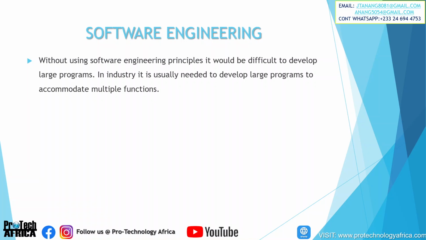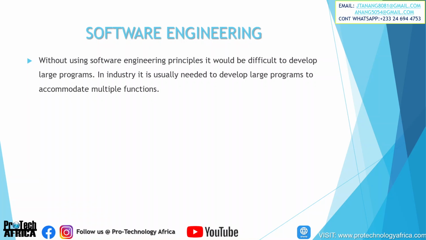So there is the need for us to follow the principles of software engineering. There is the need to follow a laid down procedure, laid down steps that would help us in the development process, so that in a quest to build something large and bigger, we can know where we started from, where we are going, and where we have gotten to.